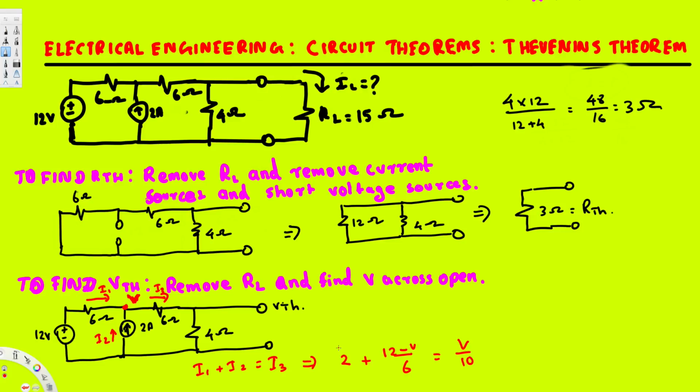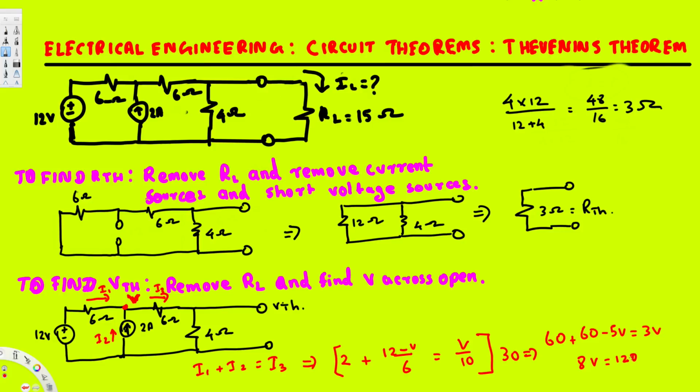Now to simplify this, we can multiply by 30, so we can get rid of the 6 in the denominator and the 10 in the denominator, and that's going to give us 60 plus this is going to turn into 5 times 12, that's 60, minus 5V is equivalent to 30 times this, that's going to be 3V, and in total we are going to have 8V is equal to 120, right?